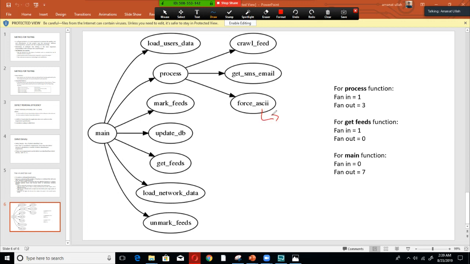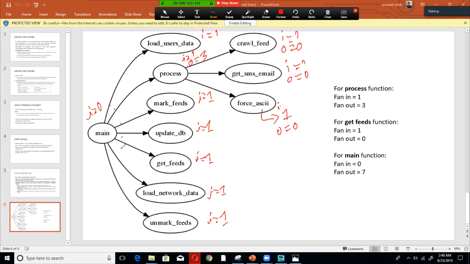Say this has a fan in of 1 and fan out of 0, in of 1 out of 0, in 1 out 0, this one in 1 out 3, and in 1 for the rest. This one has in 0 and out of 1, 2, 3, 4, 5, 6, 7, out of 7. So this was fan in and fan out.